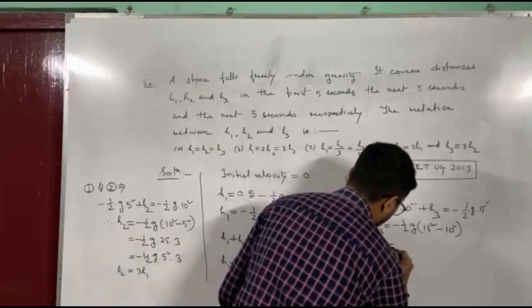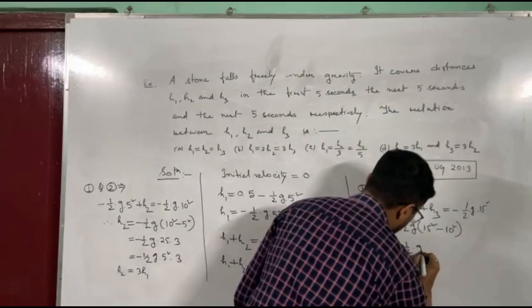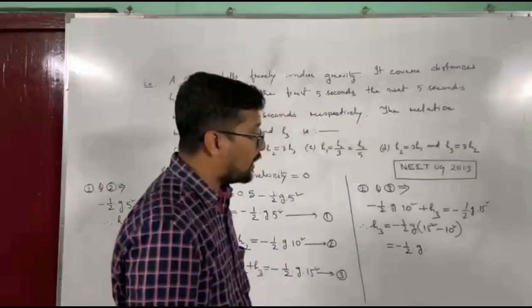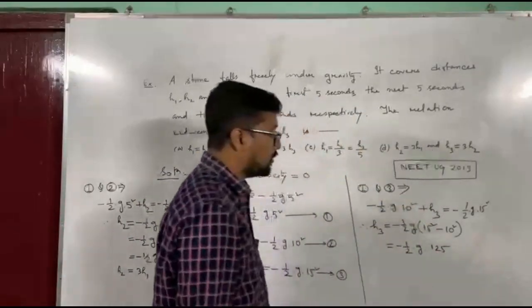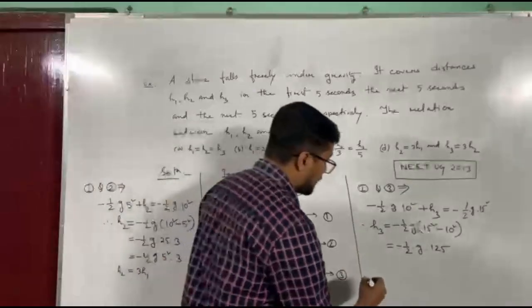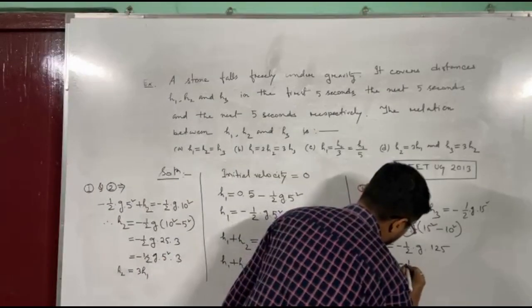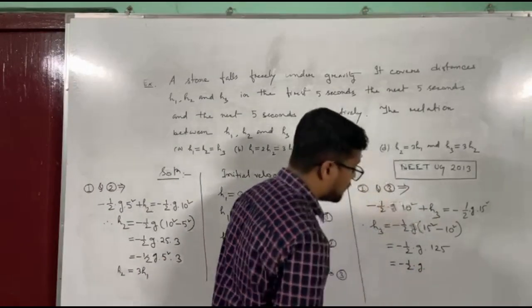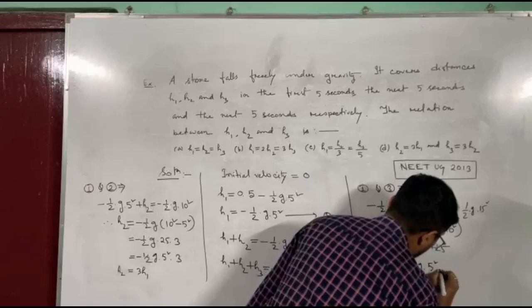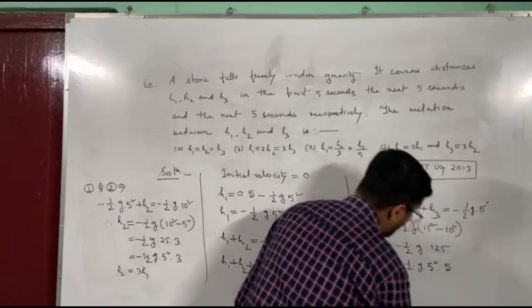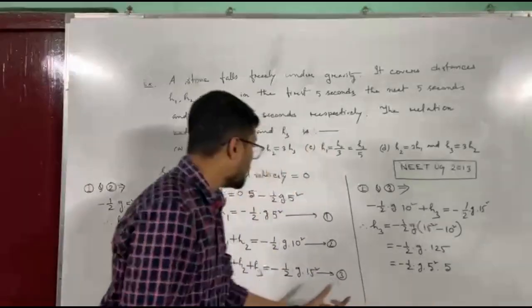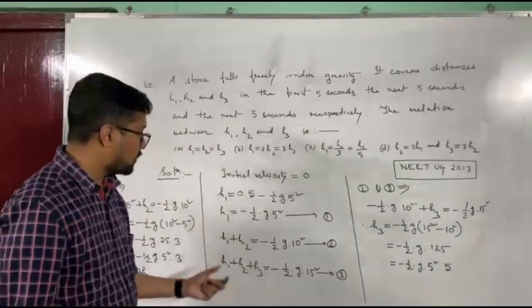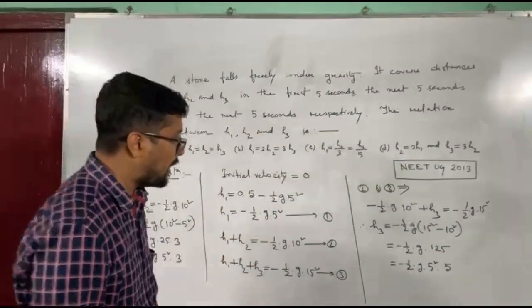So I can write minus half g 125. This again I can write as minus half g 5 square into 5. Again we know this is nothing but h1. h1 is minus half g 5 square.